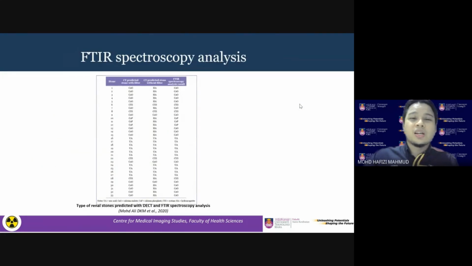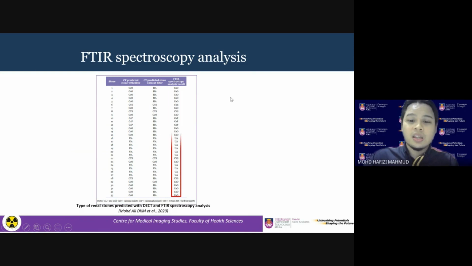So here we validate our DECT findings with FTIR, Fourier transform infrared spectroscopy analysis. We have 33 stone samples, with CT validated with filter and without filter, and we match with the FTIR analysis result.